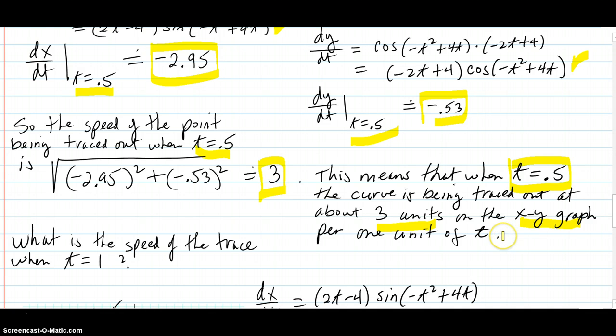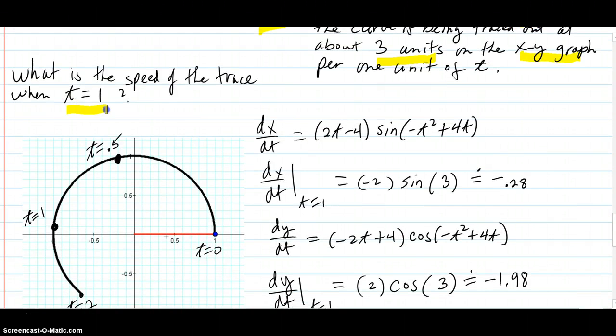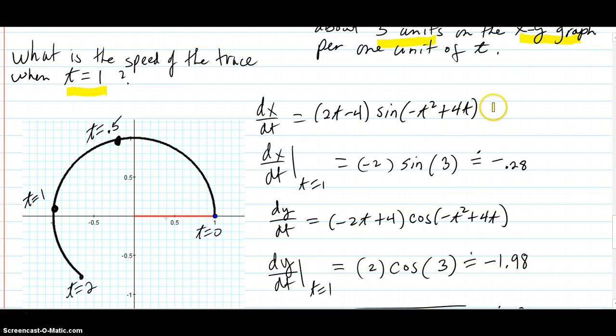What is the speed at t equals 1? Same thing, you get your derivatives, but now we're over here. So it should be a slower speed, because remember the animation took off fast, started slowing down to come to a stop at 2. So this should be less than 3.